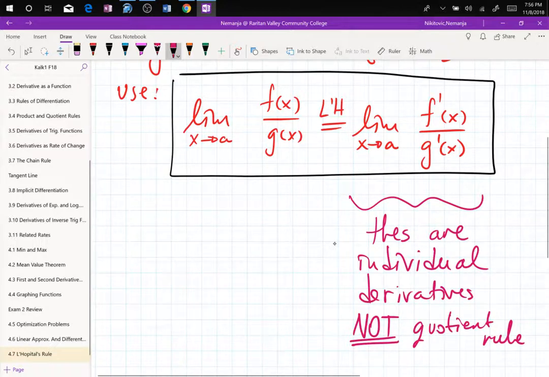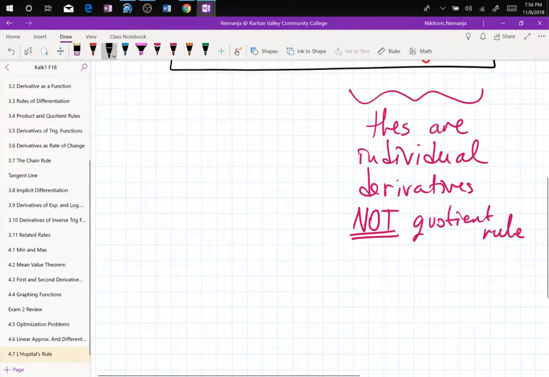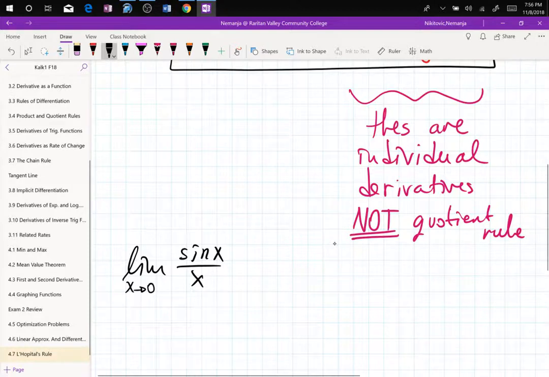So the first problem that we are going to test this on is our good old limit of sine x over x, because I know that you lost countless hours of sleep over not knowing this one. Well, we have 0 over 0.